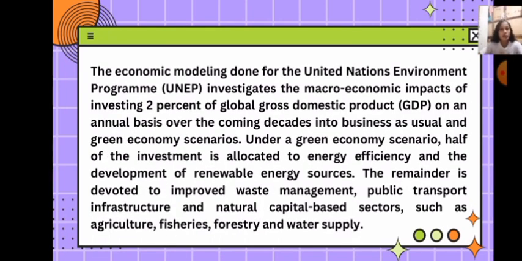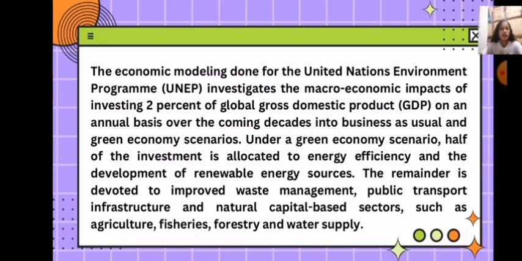So the economic modeling done for the United Nations Environment Program, or the UNEP, investigates the macroeconomic impacts of investing 2% of global gross domestic product on an annual basis over the coming decades into business as usual and green economy scenarios.